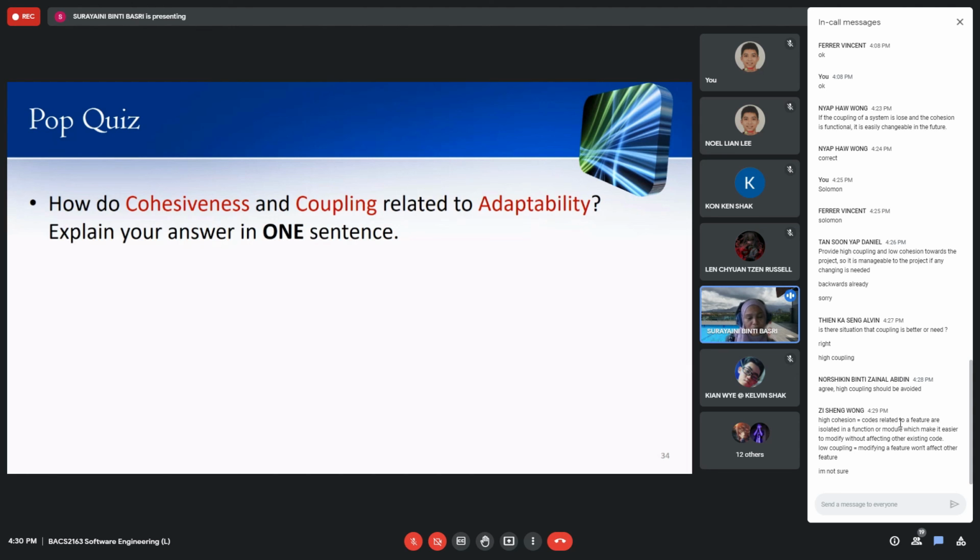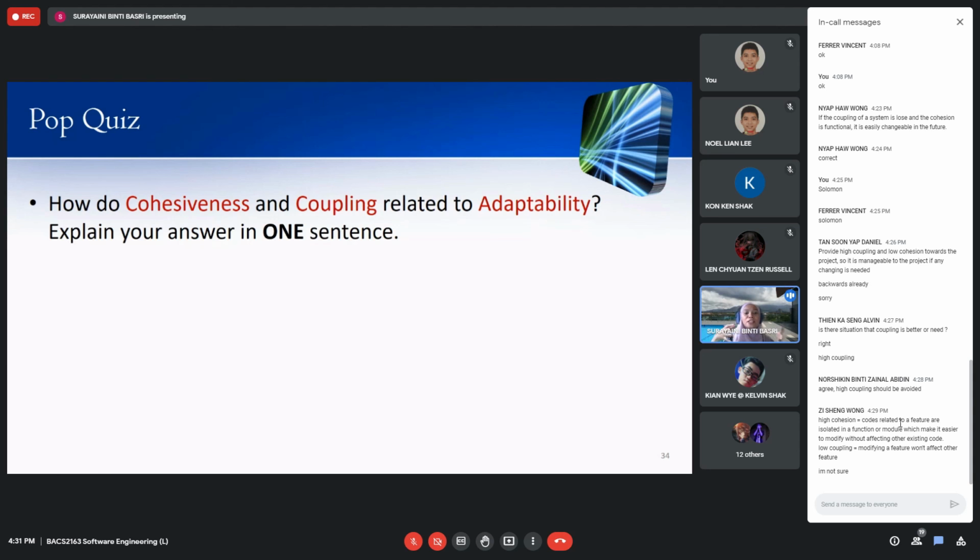The component here may refer to functions, modules, procedures, or methods. When you group those components based on their functionality, you group them together because they are working together to achieve one goal.